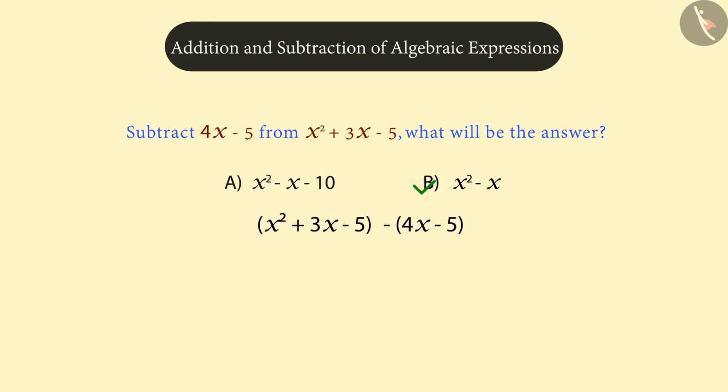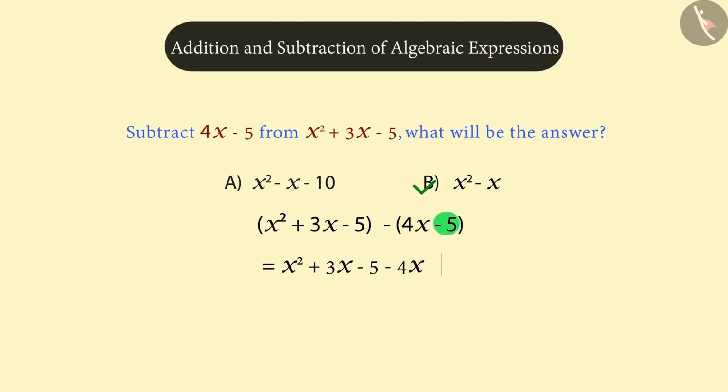In our last session, we have seen that when opening brackets while subtracting, the signs of all the terms inside the brackets get inverted. Now this is where we make mistakes. When opening the brackets, we replace 4x with negative 4x, but we forget to replace the sign of negative 5.